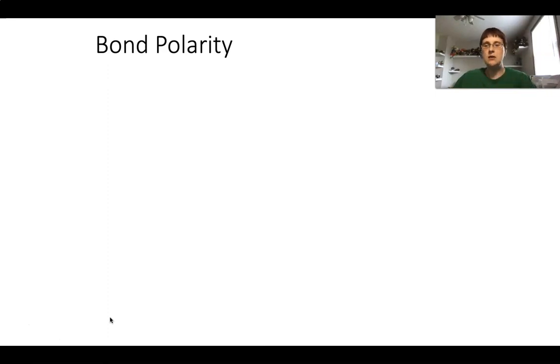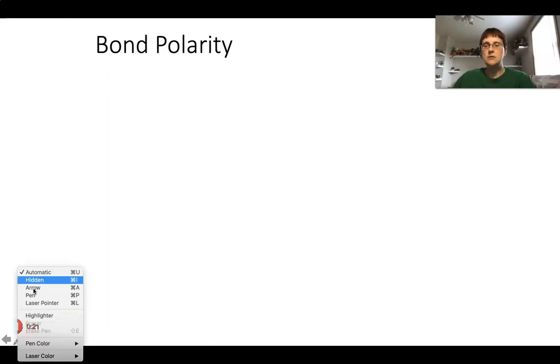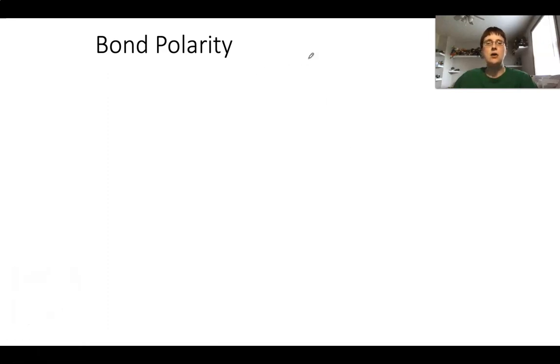So remember that covalent bonds are those bonds that are between two atoms who are sharing electrons with each other, right?